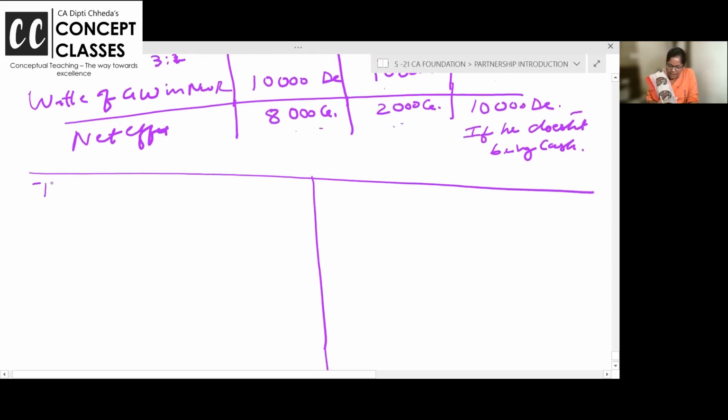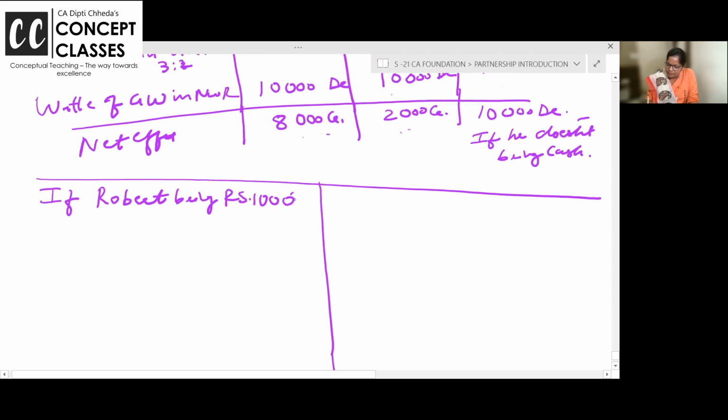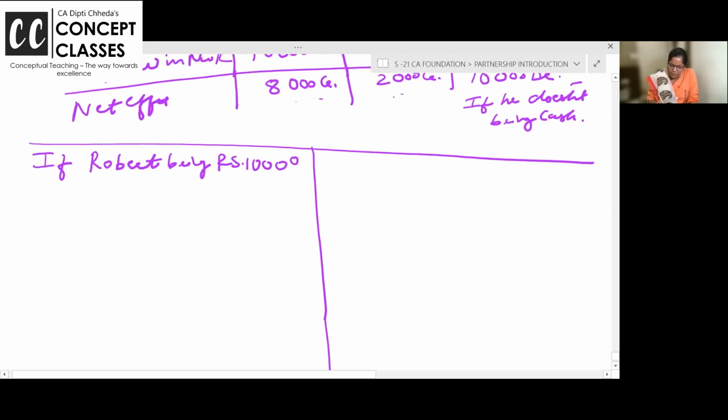On the left hand side, I'm writing, if Robert brings rupees 10,000 premium for goodwill in cash. Robert is saying, okay, I will bring 10,000 rupees goodwill.